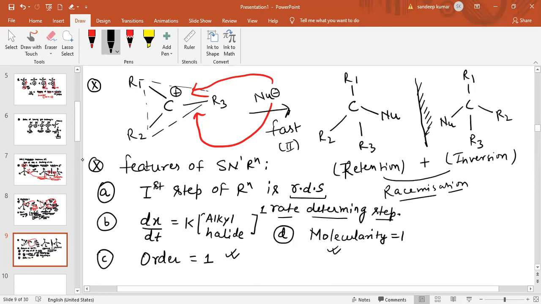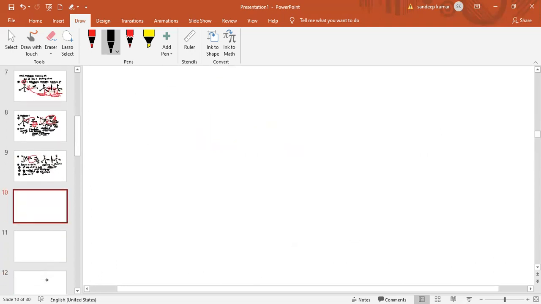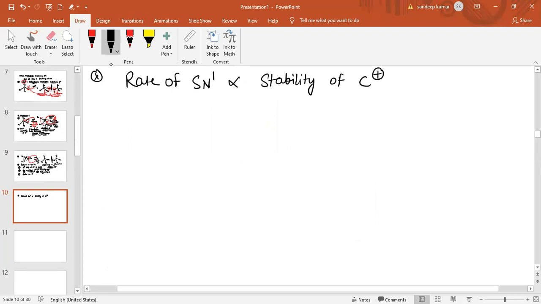Now, how can we compare the rate? The rate of SN1 is directly proportional to the stability of the carbocation.